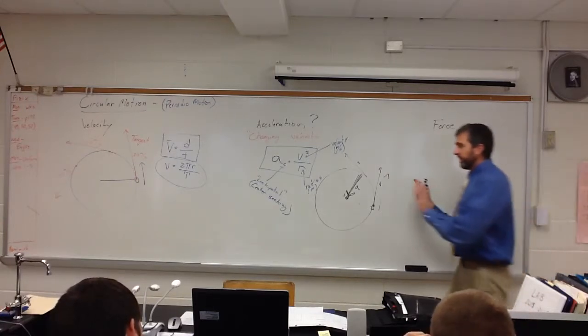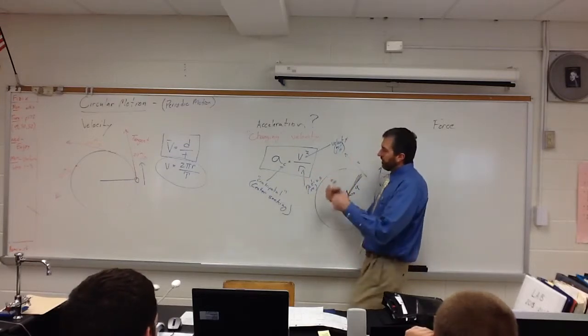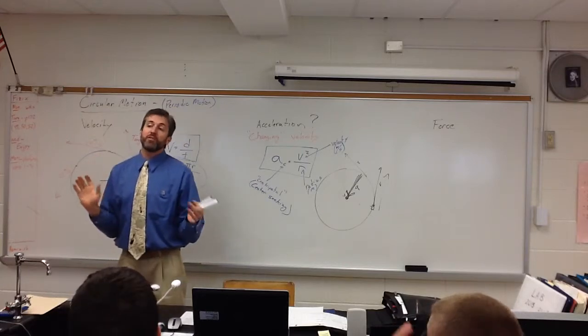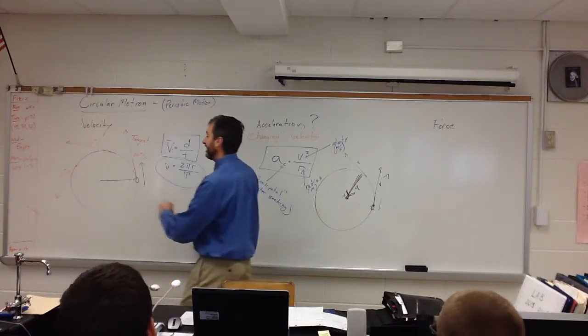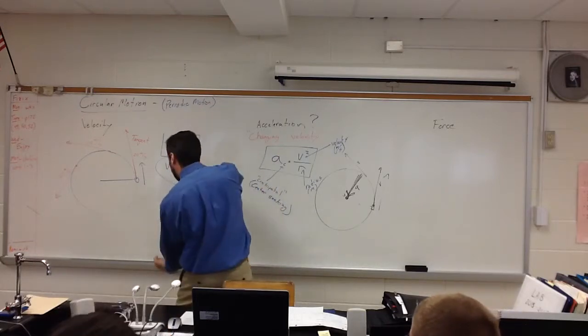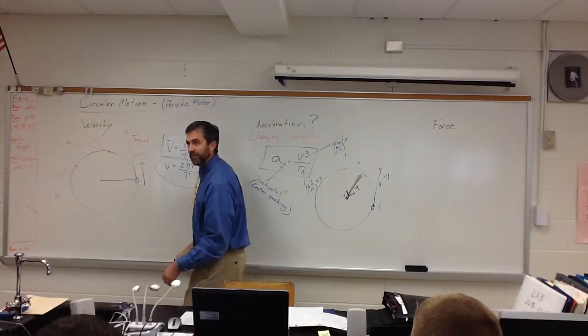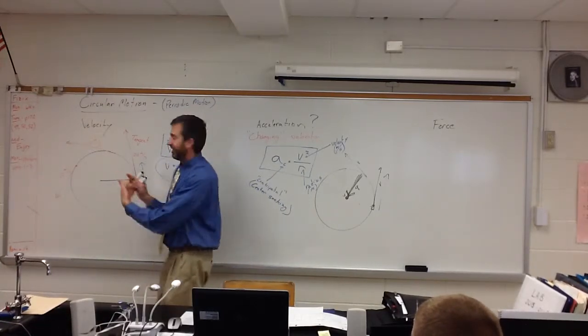So, think of it, just for a moment before we move on to the next thing, think of it like you're driving a car. You're driving along, you take a corner real fast. Whoa, and you go around the corner. Which way does your body want to fly? Outward. You know what I mean? If we take a left-hand corner, my body wants to go to the right, because my body wants to keep going in a straight line because of inertia.